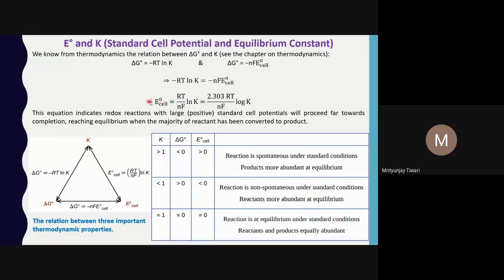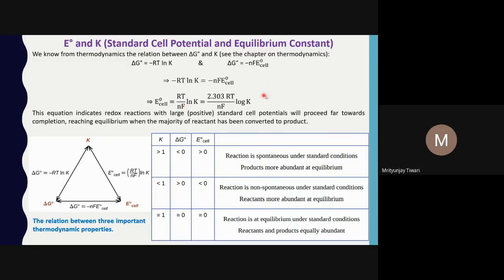Because if E0 cell is positive, then ln K will be E0 cell times NF divided by RT, and this value is positive. So e to the power of a positive number will give a quite high value.